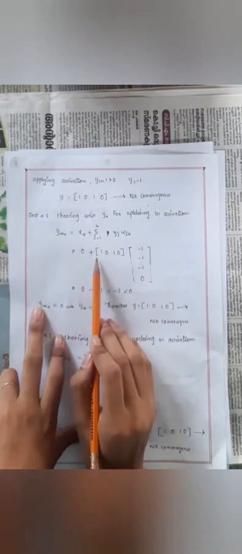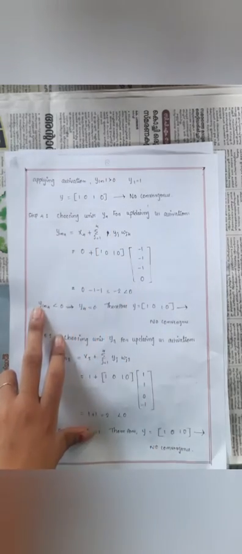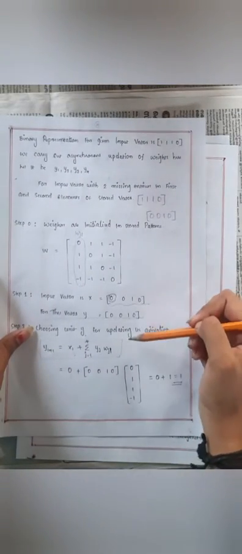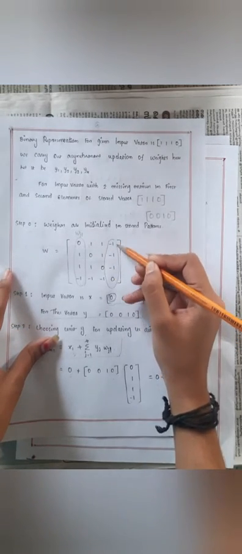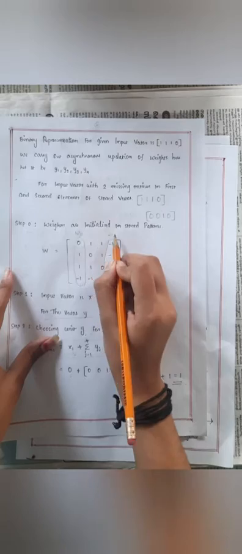This is the new yj matrix, so we write it as is. Then what is our wj4? In the weight matrix, wj4 is the fourth column of the weight matrix. So we write it as -1 -1 -1 0.